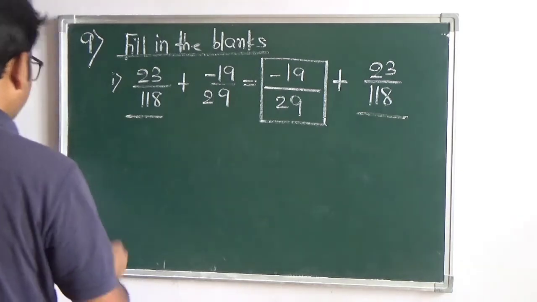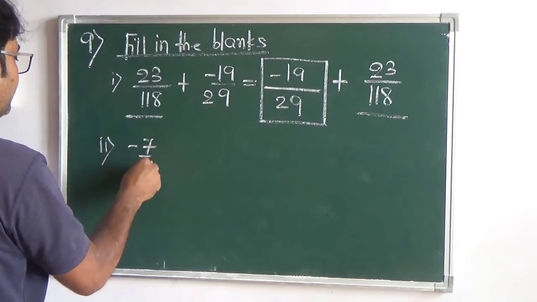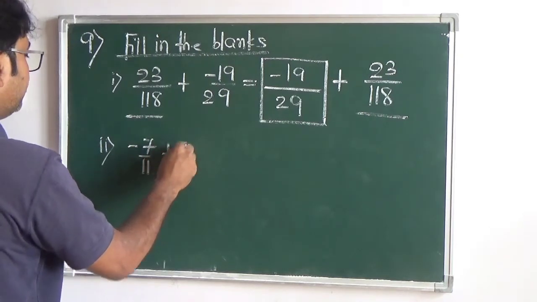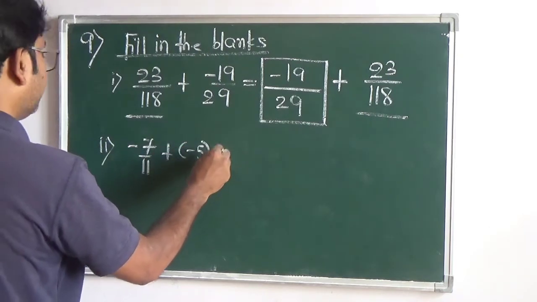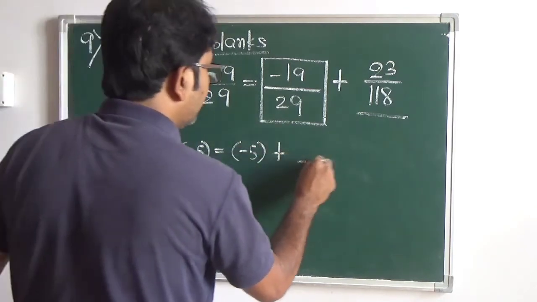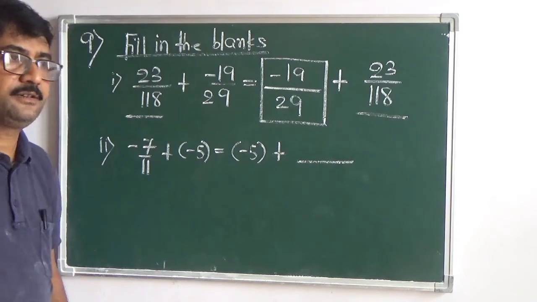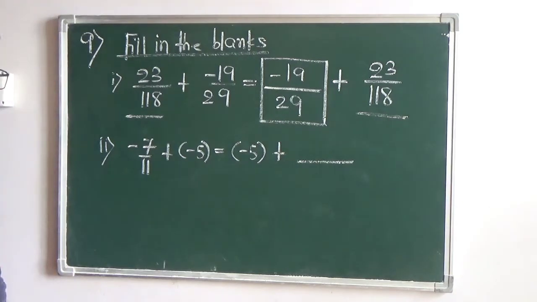Similarly, if we go to this part, minus 11 plus minus 5 is equal to minus 5 plus the blank. Again you can make out what the value in the blank could be. As I told you, the values on both sides have to be equal.